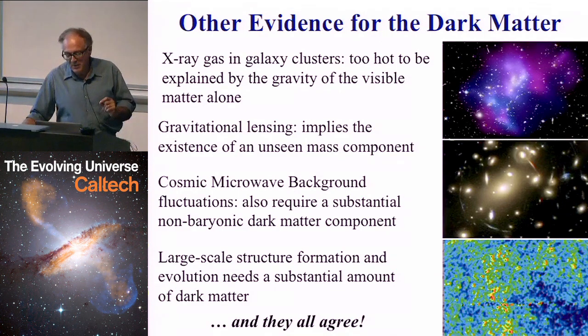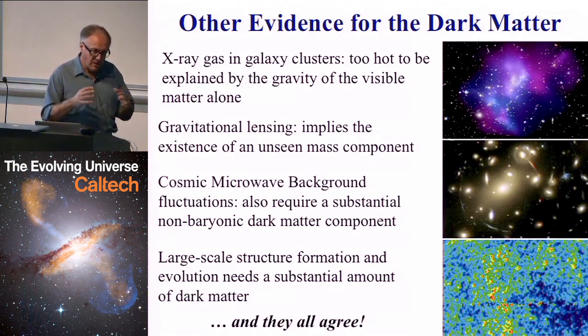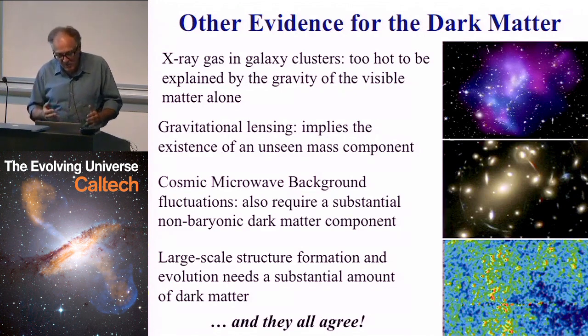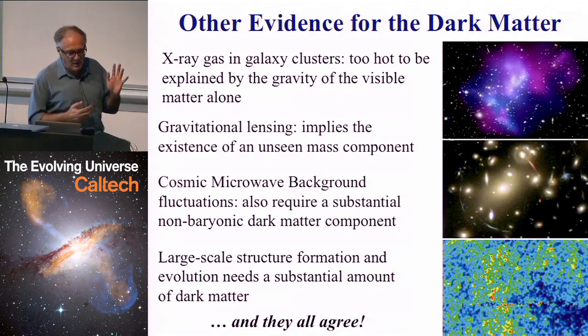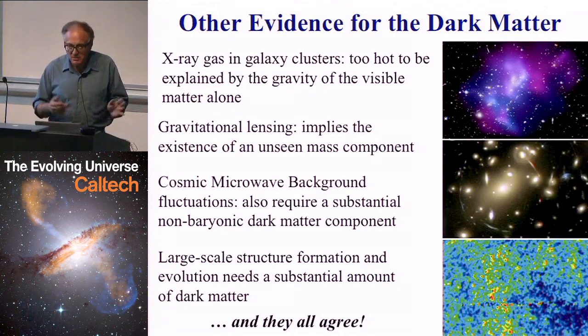Finally, there is one more argument, and this is that the kinematics and evolution of large-scale structure in the universe are also implying presence of dark matter in order to account for that dynamics and how the large-scale structure forms. Because if you have more dark matter, it's going to accelerate collapse of structures and so on. That too matches everything. So we have several different approaches based on different physics, completely different measurements, and they all agree. And this is why we're really convinced that there really is such a thing as dark matter. That's not complete fabrication.